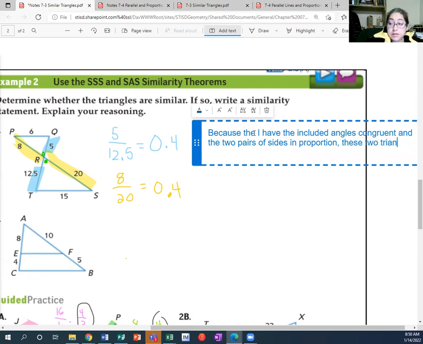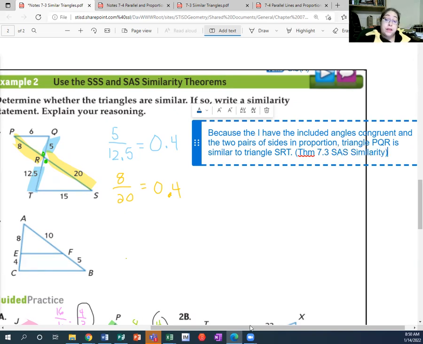Triangle PQR, might as well go ahead and name them while I'm here. Triangle PQR is similar to triangle SRT. And this is theorem 7.3, side angle side similarity.